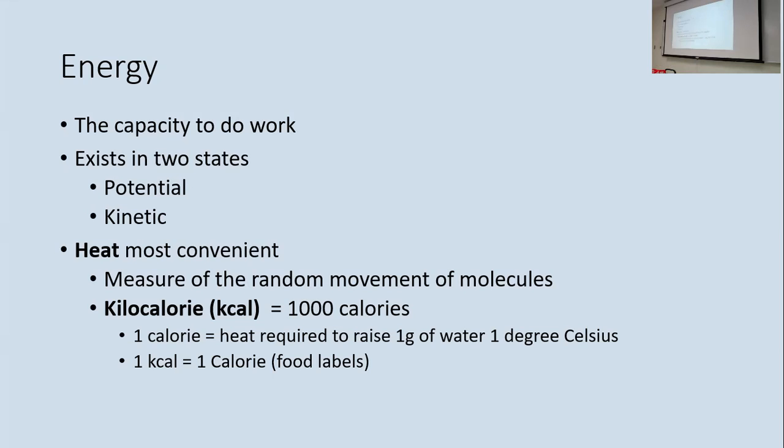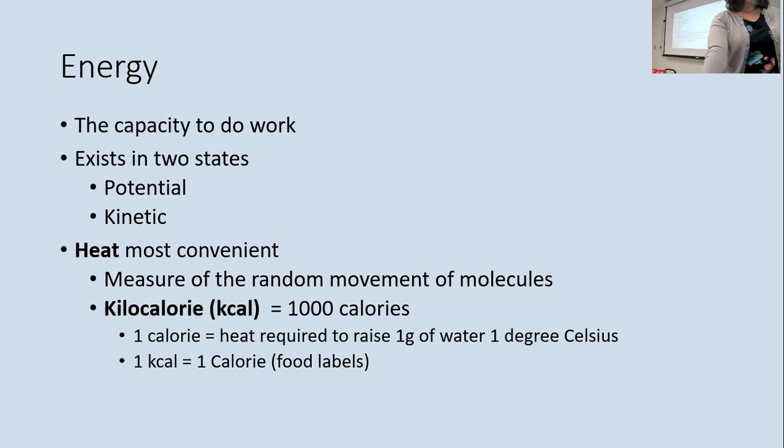So the energy stored in the food that you're eating is recorded in kilocalories, and for short, they just write capital C. If you see a large C on calorie, it means kilocalorie, so it's actually 1,000 little calories. I don't know whose bright idea that was. It's not confusing at all, but it wasn't me.